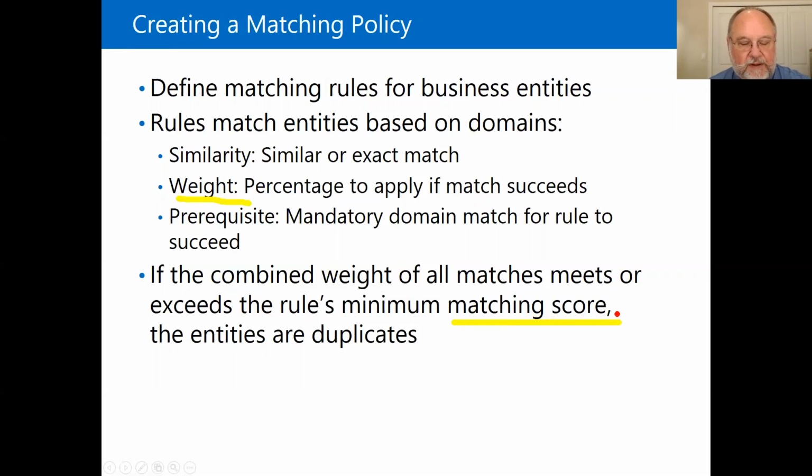The default matching score would be 80%, meaning if the combined set of these rules adds up to 80 or more, the two records are considered duplicates. If it's less than that, they're not duplicates. And you can set the matching score value to be whatever you want.